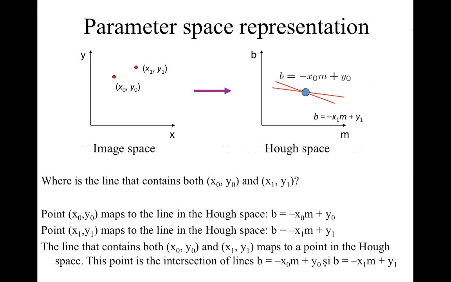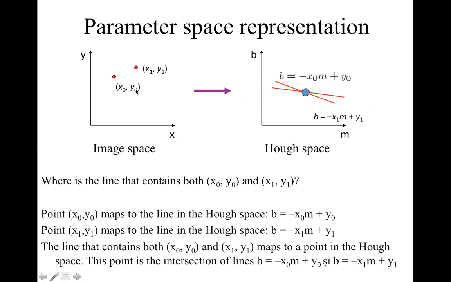And we saw that if you use these two observations, if you have 2 points, x0, y0 and x1, y1, you could find the lines that go through both points by finding the intersection of the lines defined by each point.